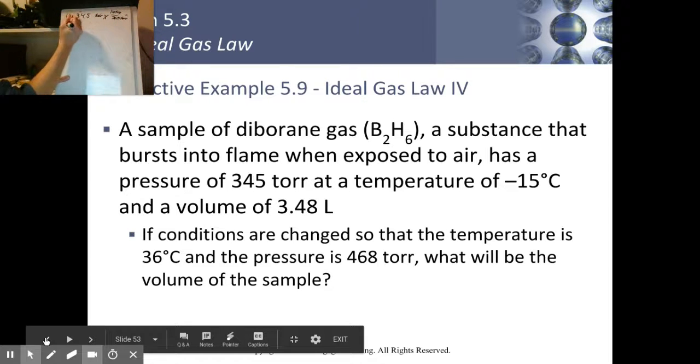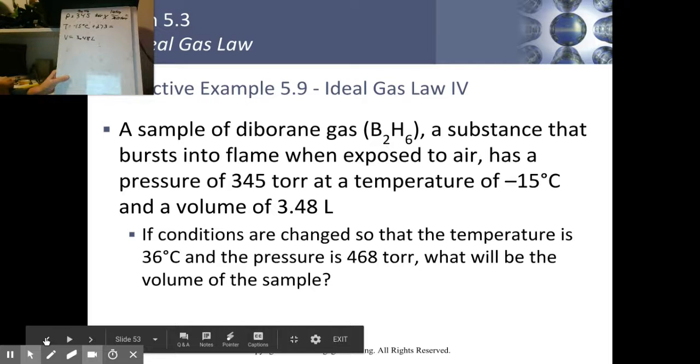We have a temperature of negative 15 degrees Celsius, and we have to convert it into Kelvin. And we have a volume of 3.48 liters. And we know that our formula is B2H6. I'm just going to write it down just in case.